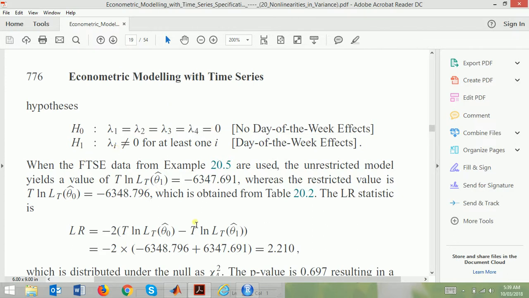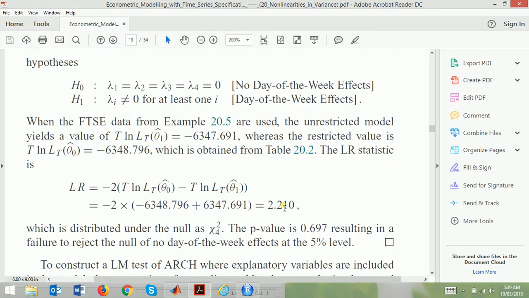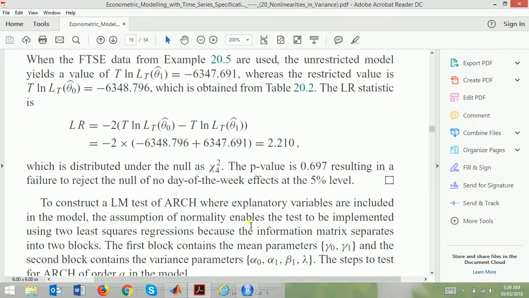Using this we tried estimating the model ourselves. The likelihood ratio test under the null chi-square gave a p-value of 0.697, and we fail to reject the null hypothesis of no day of the week effect at the 5% level. So there is no day of the week effect on the system.